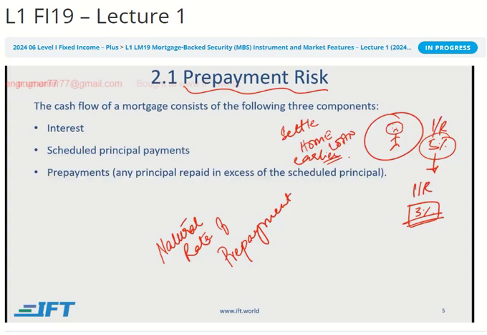But even when the interest rate hasn't changed, there is still a certain prepayment that is happening, which is natural, and the causes for the natural rate are that people shift, right? I mean, it's not just because of interest rate that you want to prepay your loan.